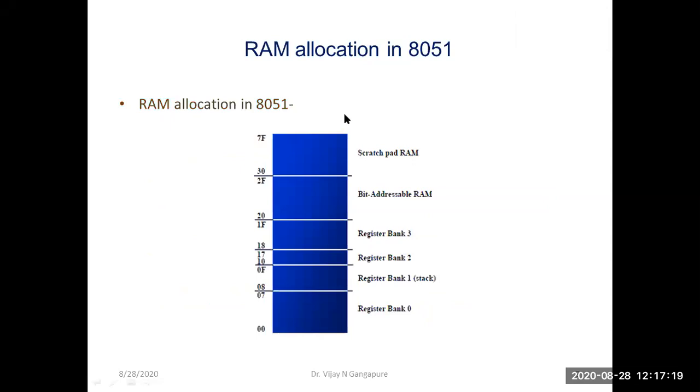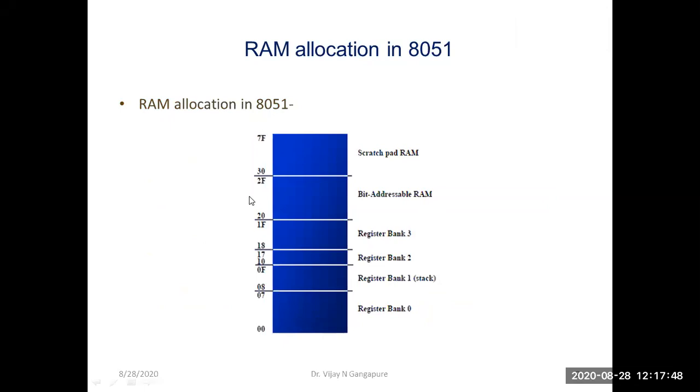So last point is RAM allocation in 8051. So this is the pictorial or diagrammatic view of how this 128 bytes of RAM in 8051 microcontroller is allocated for different purposes. Okay, so we start from 00 address and we can go up to 7F.